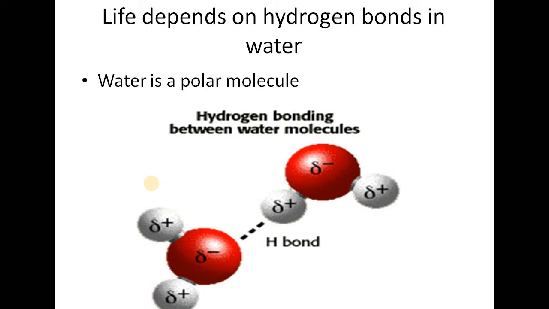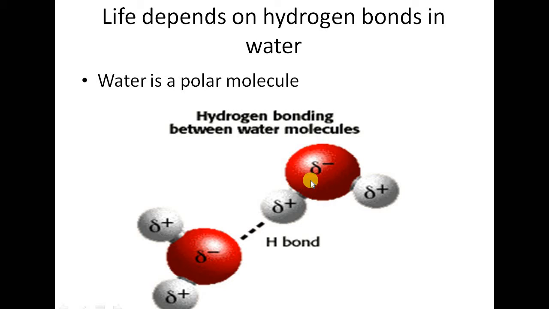Now, what's the meaning of polar molecule and how are these hydrogen bonds formed? This is the water molecule. It's composed of two hydrogen atoms and one oxygen atom.